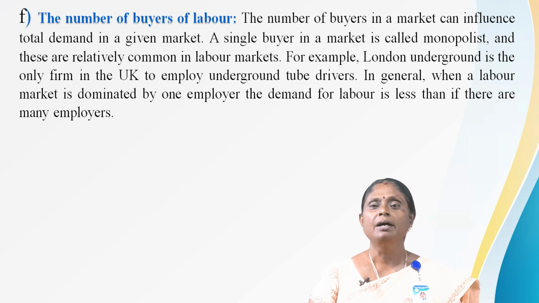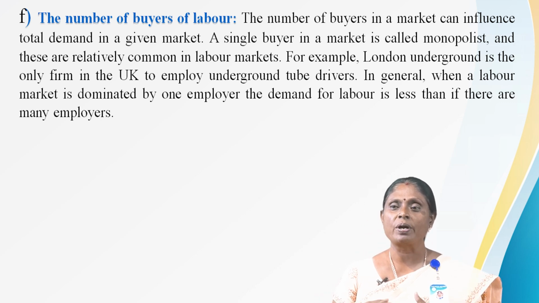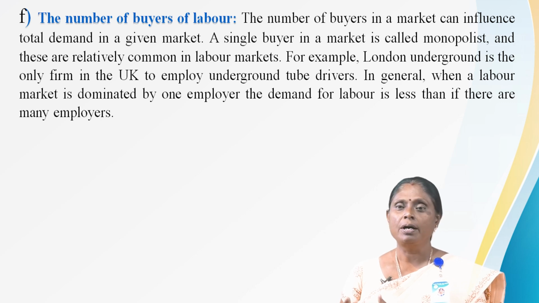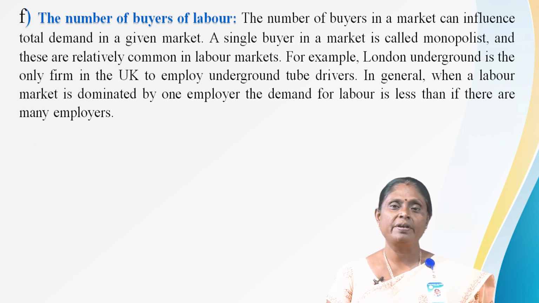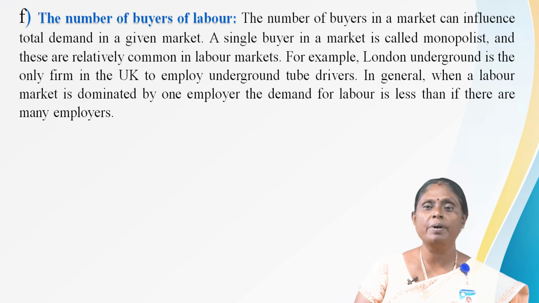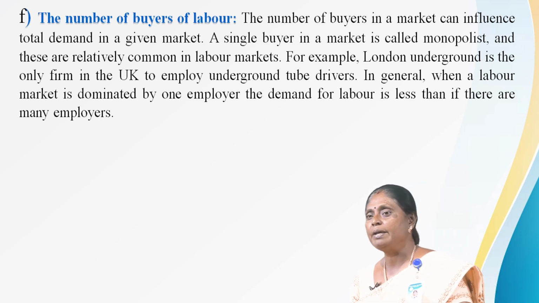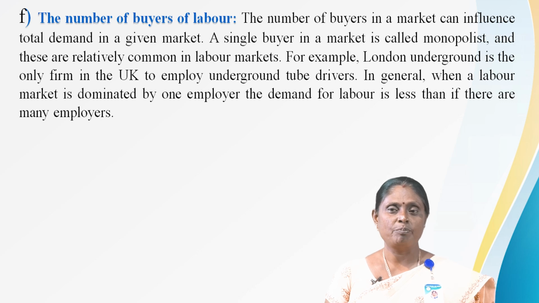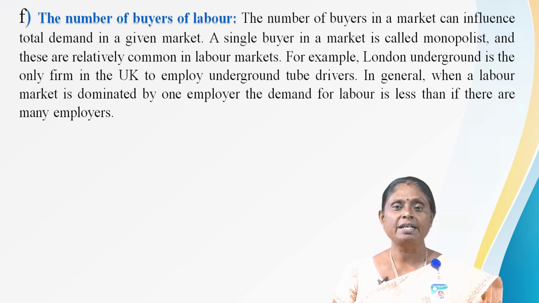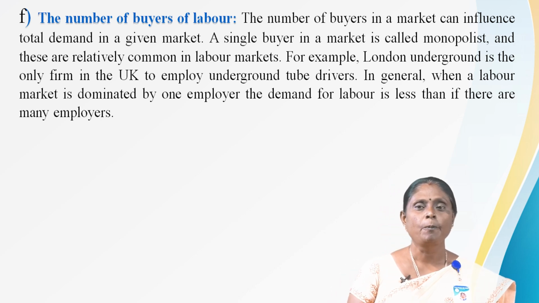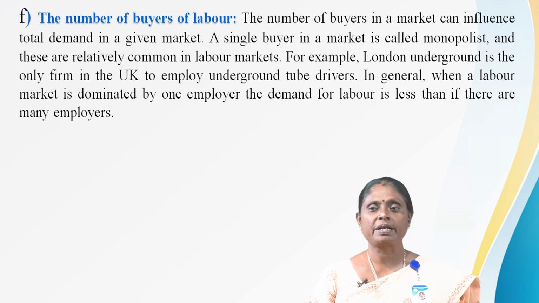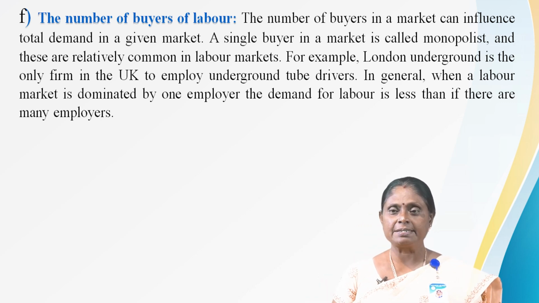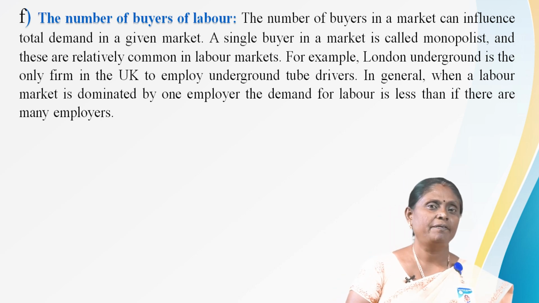For example, London Underground is the only firm in the UK to employ underground tube drivers. In general, when a labor market is dominated by one employer, the demand for labor is less than if there are many employers. In addition, there is a tendency for wage rates to be lower in such a market, which is one reason why trade unions form and exert pressure for higher wages.